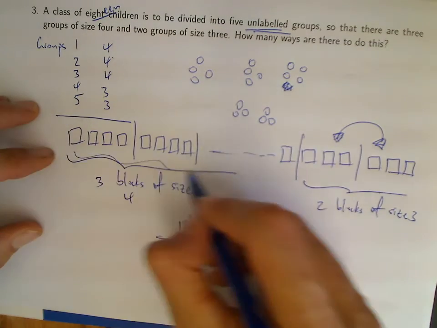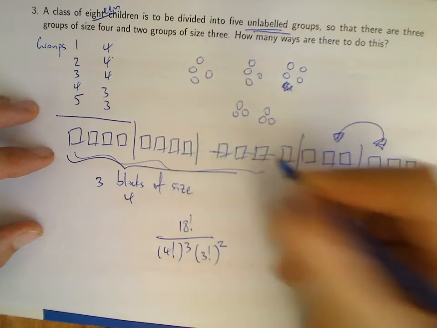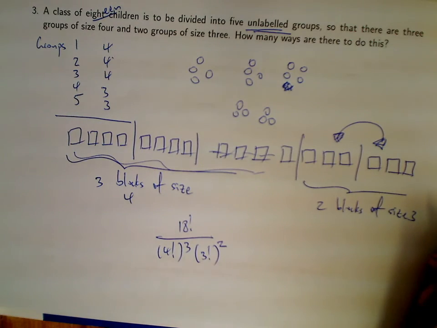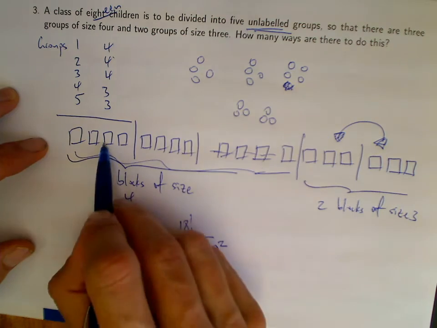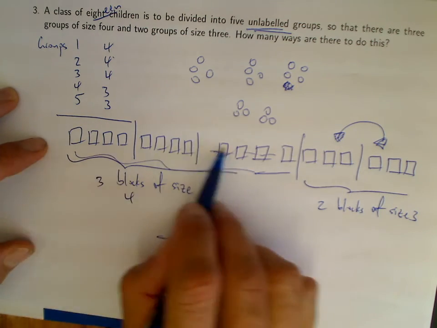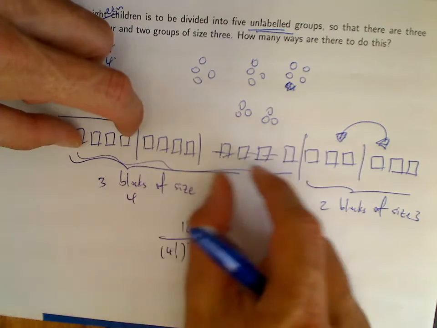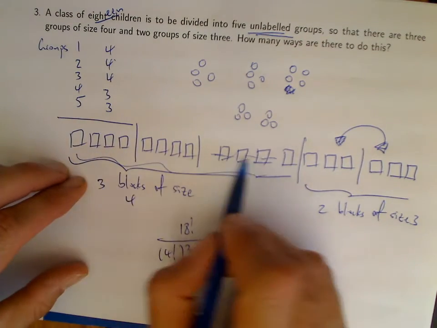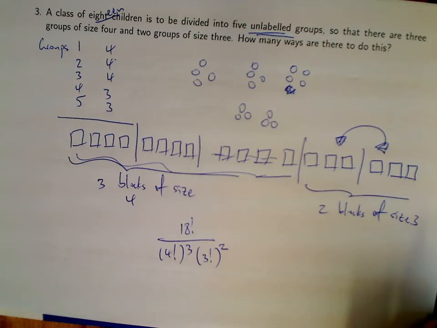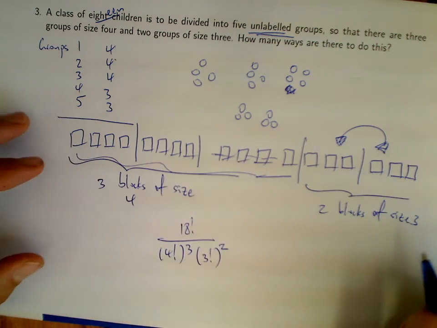And likewise, it's a bit lazy of me really, I could have just drawn in those other boxes there, right? So these are my 3 boxes of size 4. If I reorder these blocks here, so I'm just going to scramble those 4 in their blocks, there's 3 factorial ways in which I can order these blocks here. And that's going to give me the same division of the children into groups.